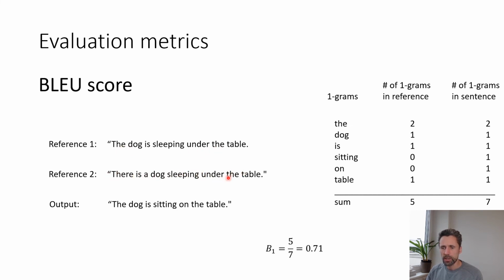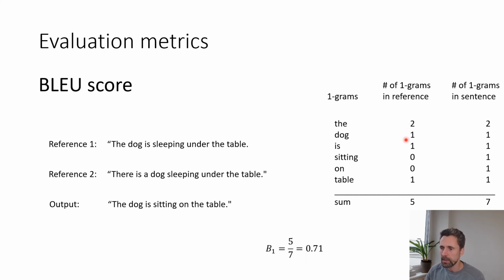And in the second reference sentence, the word the is only once here. So we take the maximum, which is 2, and then we do that for all the unigrams that we have in the output and obtain a list of counts as you see here. And then we count how many times there is this unigram in the output. So every unigram is present once, except the, which is present twice.